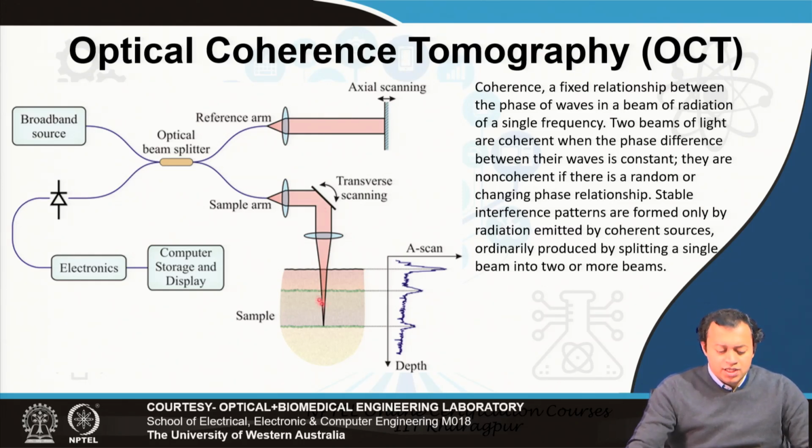You do not know what is the depth of this tissue, how much different amounts of light will penetrate differently. This part is unknown, but this part is known, how much you have moved it in centimeters in x and y direction. You will have a coherence relationship only when this distance and this distance that is coming out of the sample is same.